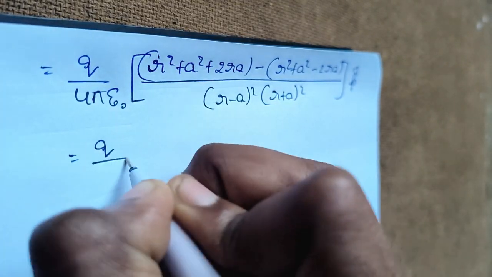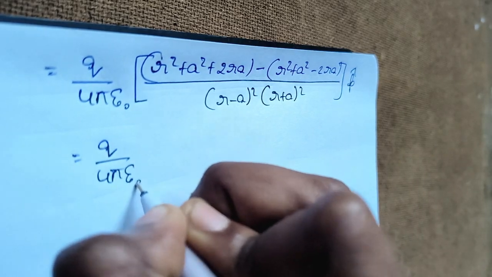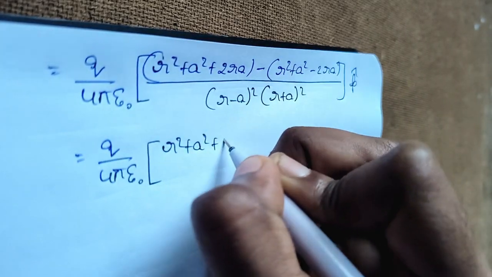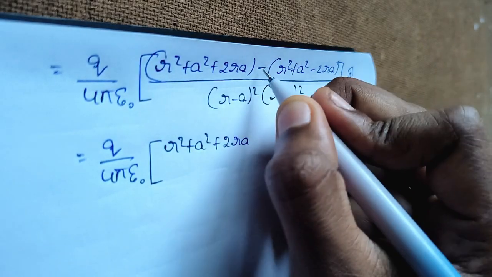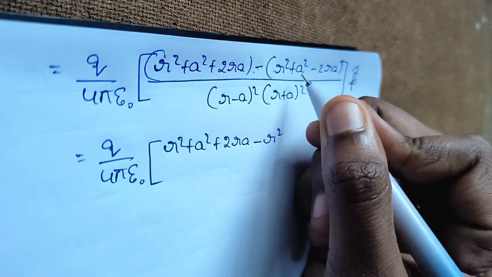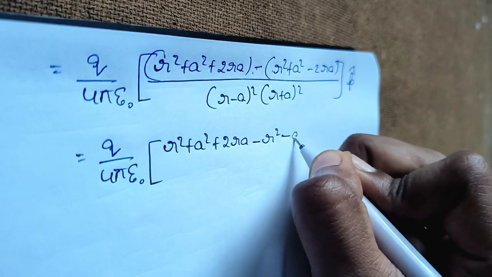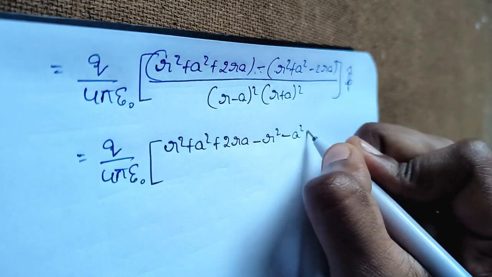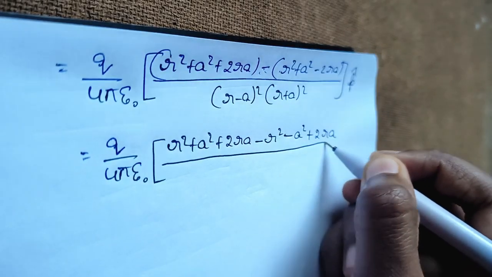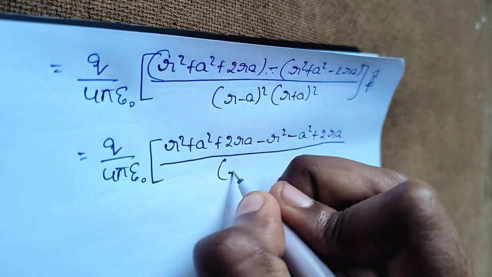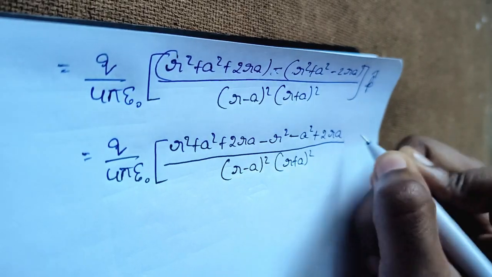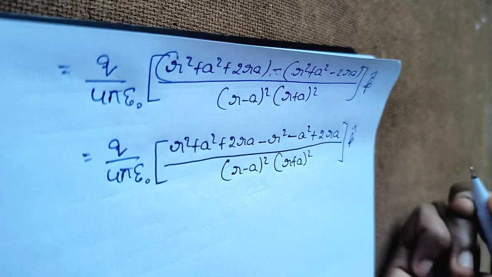So what happens to the equation: q by 4 pi epsilon naught into r square plus a square plus 2ra, here minus into plus is minus r square, minus into plus is minus a square, minus into minus is plus 2ra, divided by the same, (r minus a) whole square into (r plus a) whole square into p cap.